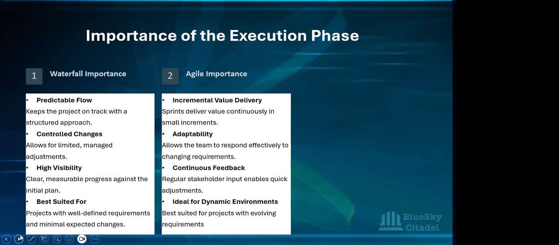Agile allows that. It enables continuous feedback from stakeholders, which allows the team to pivot quickly if needed. So that's the great thing about Agile. If we need to change a goal, it can be done quickly. It doesn't have to go through the whole change request process that it does in waterfall.